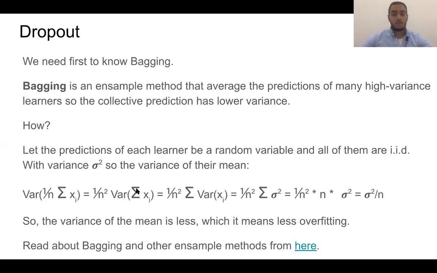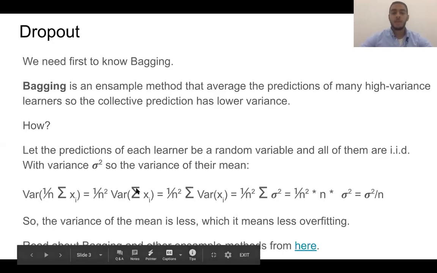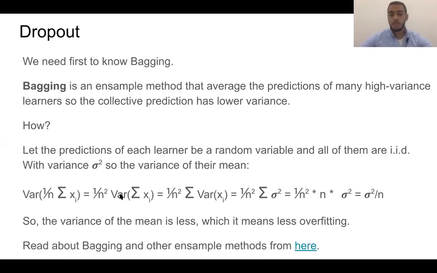As all the xi's are independent, we can move the variance inside. So we say the variance of the summation equals the summation of the variances of the xi's. The variance of xi is sigma squared, a constant, summed over all n learners. So this will end up as 1 over n squared multiplied by n multiplied by sigma squared, and this is sigma squared over n.